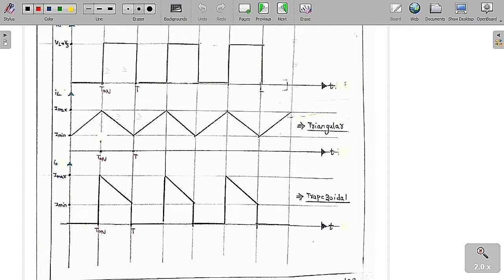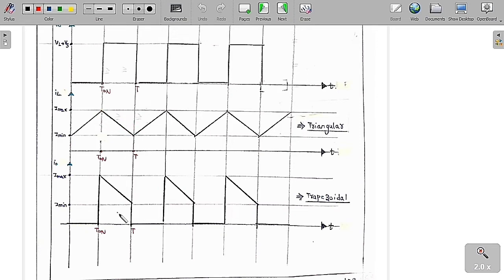Similarly, for T on to T, we have opened the chopper. As the chopper is open, the output voltage is the summation of the supply voltage and the inductor voltage, which is VL plus Vs. Now the inductor is going to discharge its energy into the resistor, so the current is going to decay.